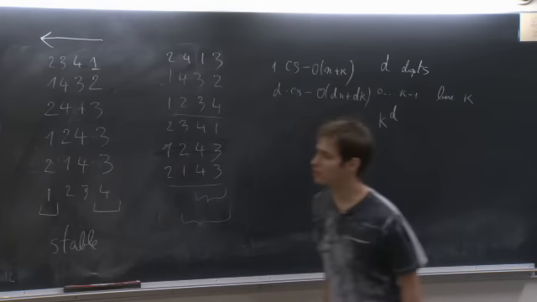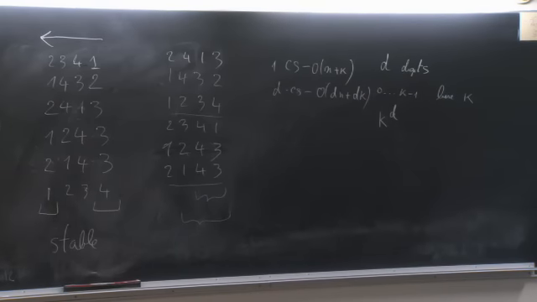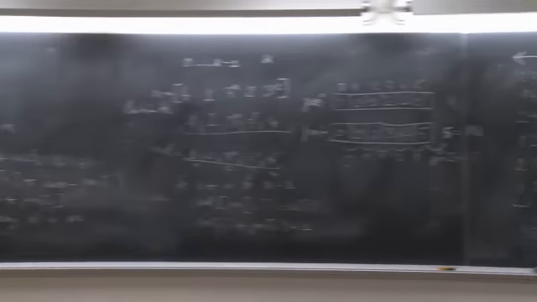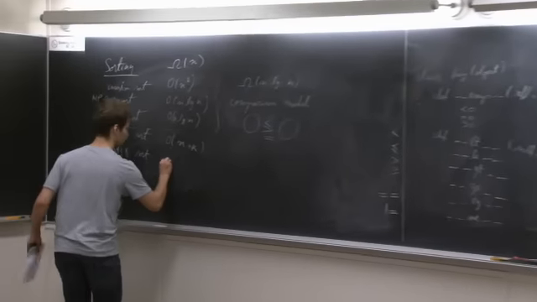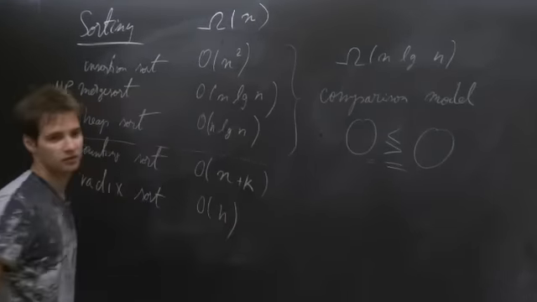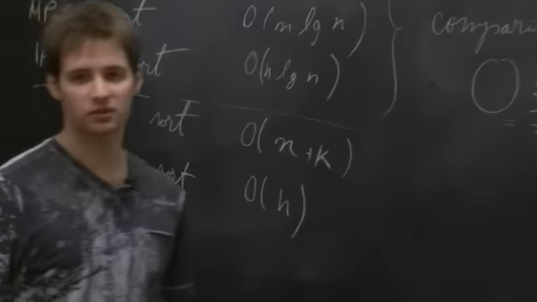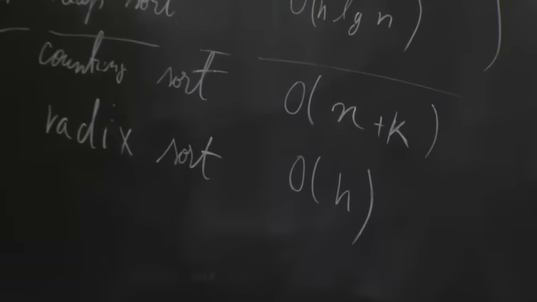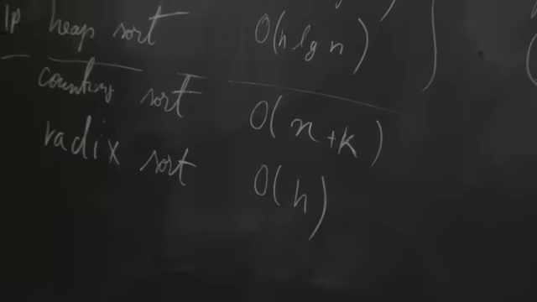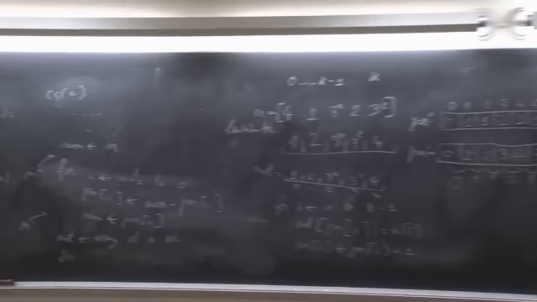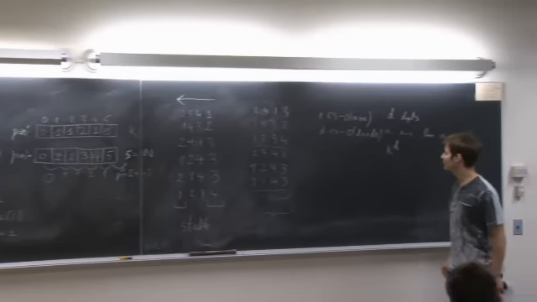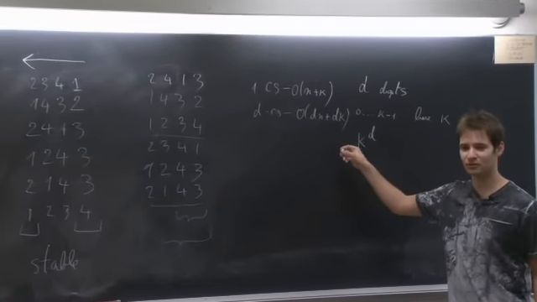Okay, but I want to come back here, and I want to be able to say that Radix sort is optimal. I want to be able to say that it is order n. So what do I have to do in order to be able to say that? Okay, you know the answer.